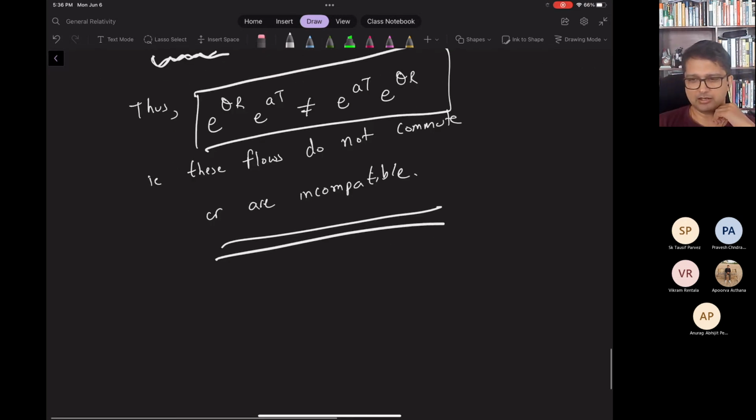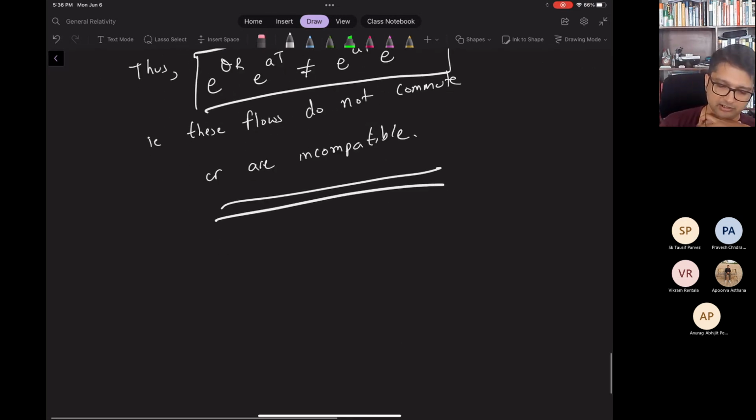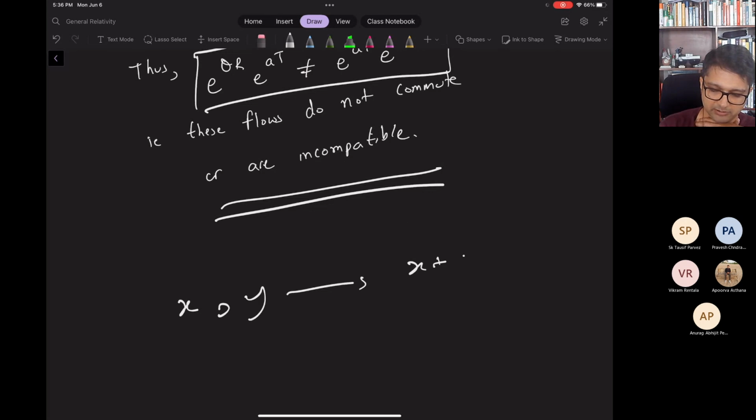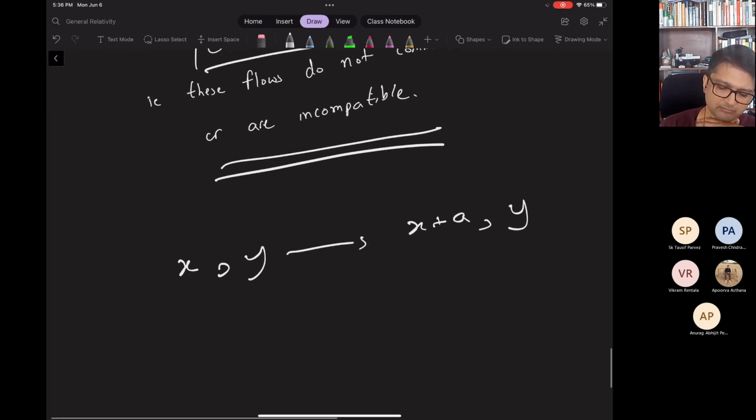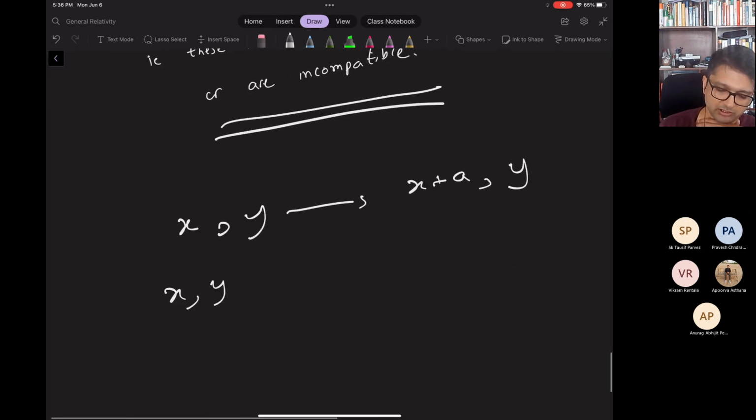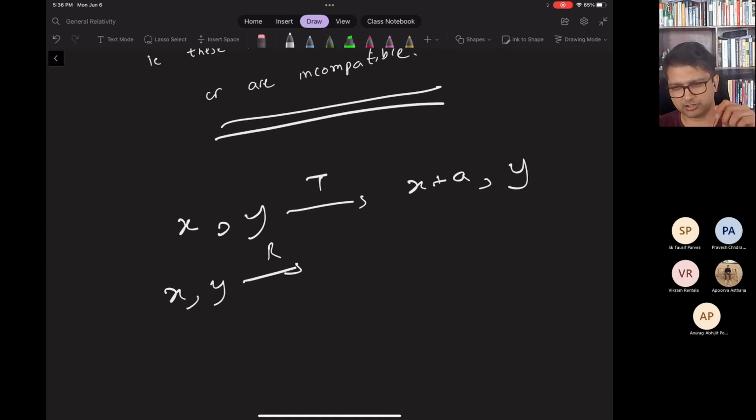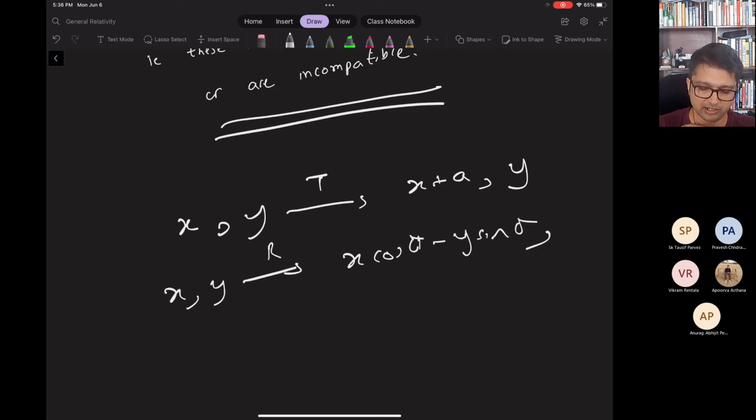And you can check quite easily that again you can perform the operations on x. So a translation on x, y takes you to x plus a comma y. A rotation on x, y, again because this rotation is about 0, 0, takes you to the point x cos theta minus y sine theta, and x sine theta plus y cos theta.